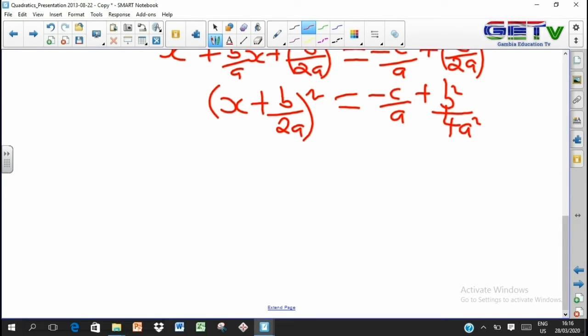Again, this will give, in bracket, x plus b over 2a all squared equals, if you simplify this, we find the LCM, and the LCM of a and 4a squared will be 4a squared.